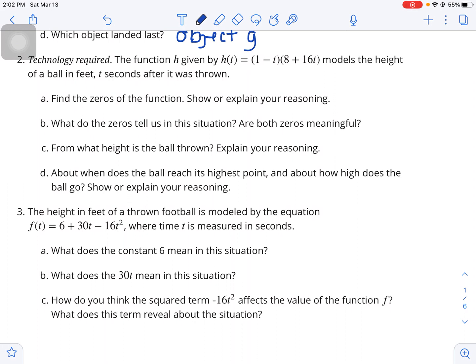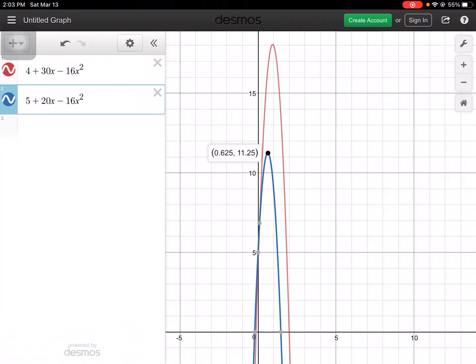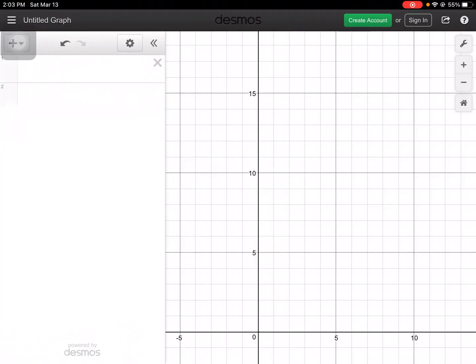So we're going to type this into our graphing calculator just the way we have typed in others. We'll go over to Desmos, type that in, and then answer the questions from there.